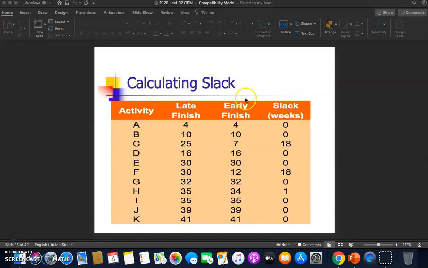Okay, so this is how to calculate slack or float. So we just list down all the activities. So we put the late finish, earliest finish.